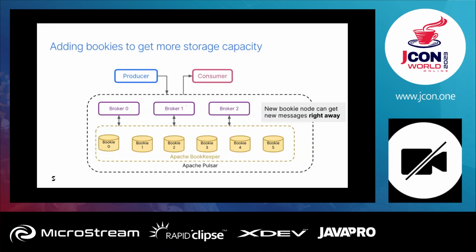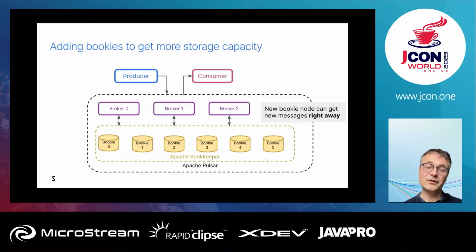You can also set up retention, so you can reduce the size of the Bookies. Just like Kafka, you can reduce the size of the topics using retention. So it's possible that at some point you have storage that becomes available on the Bookies, and then you can reduce the number of Bookies.